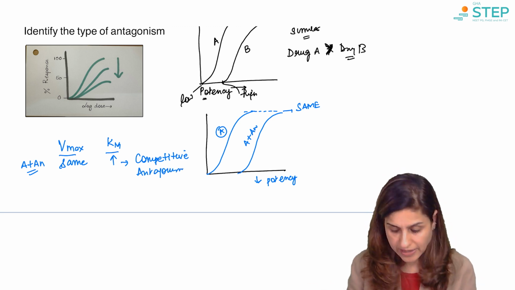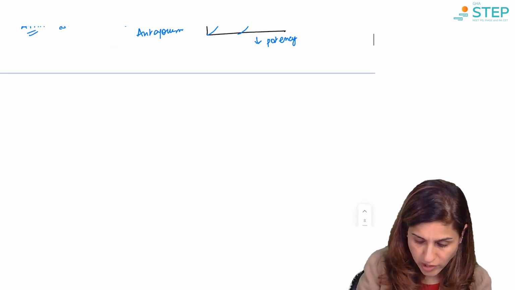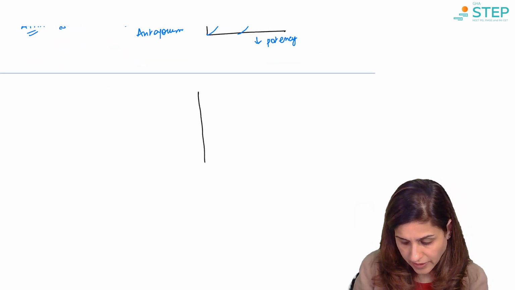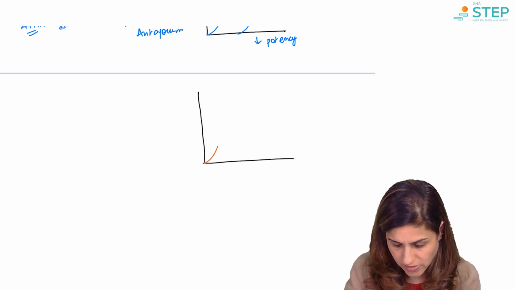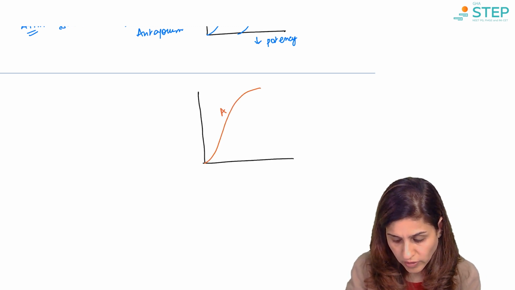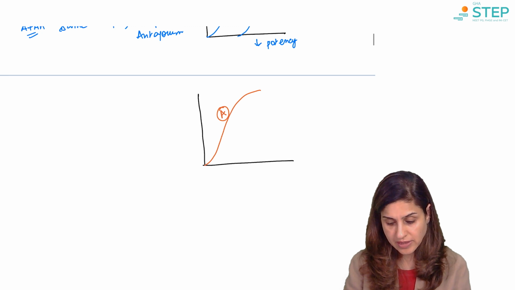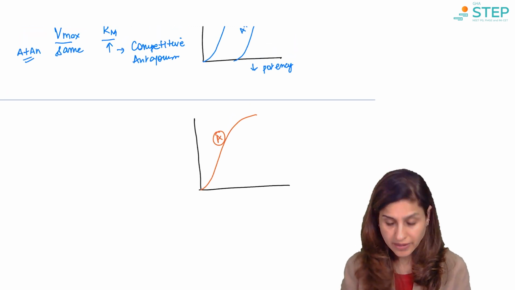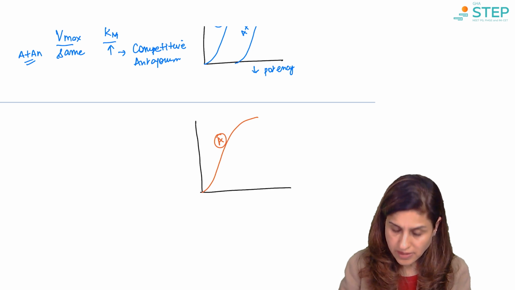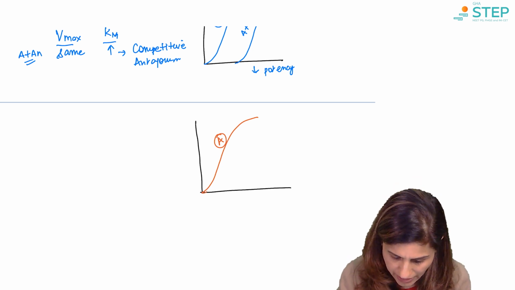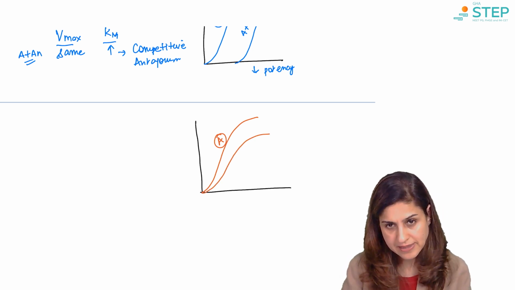Let's take the second scenario, right? The second scenario, what we have is again here, and let's take this drug. This is the drug or the agonist without any antagonist. And now we have added an antagonist. So now what is happening? The starting point is remaining the same, and this is how the response is.